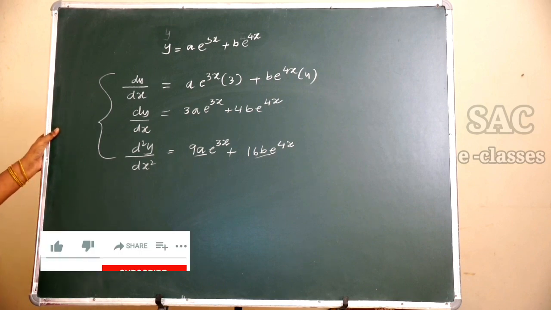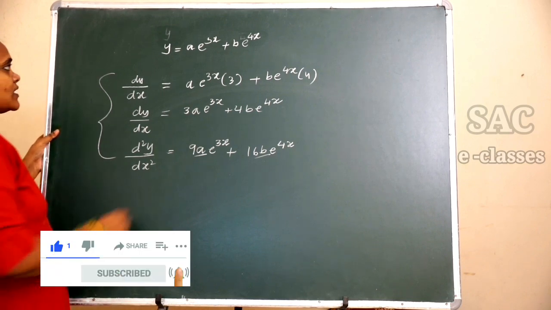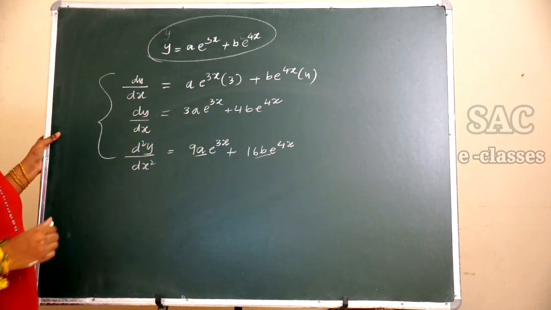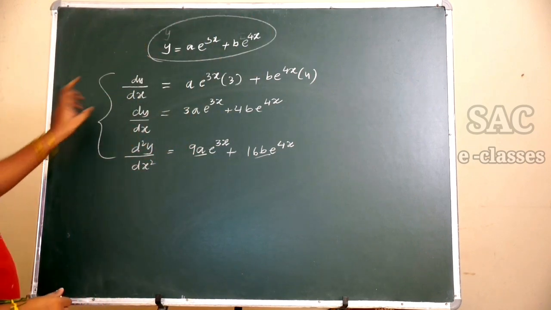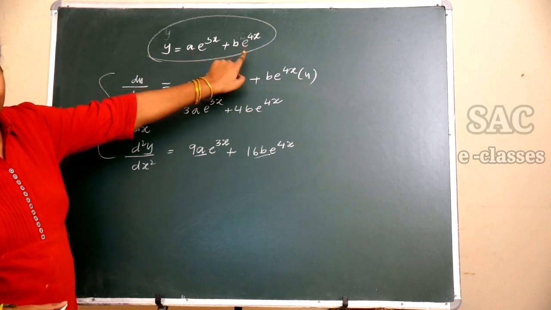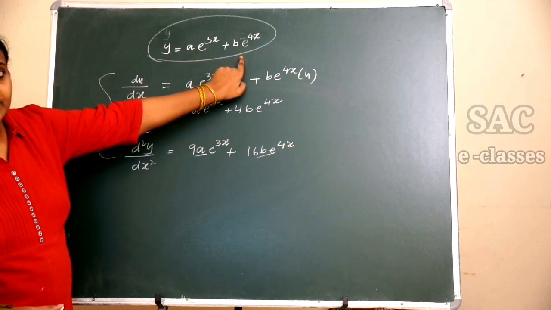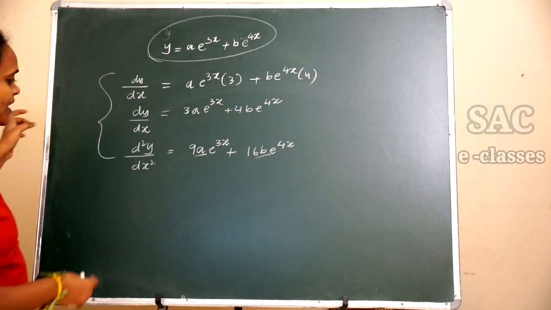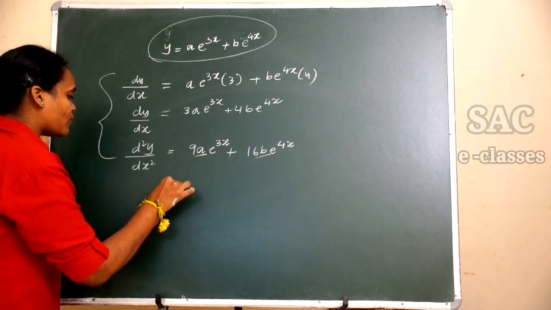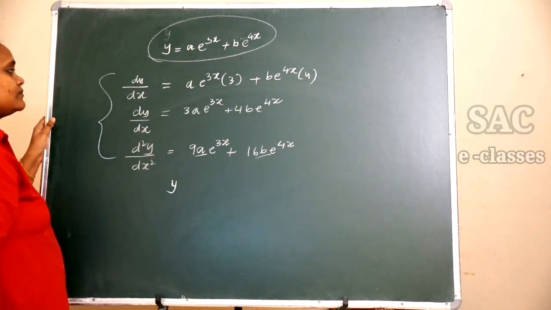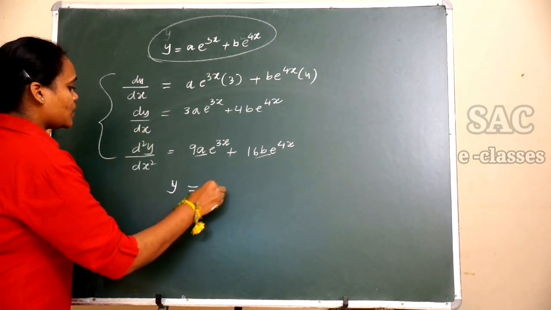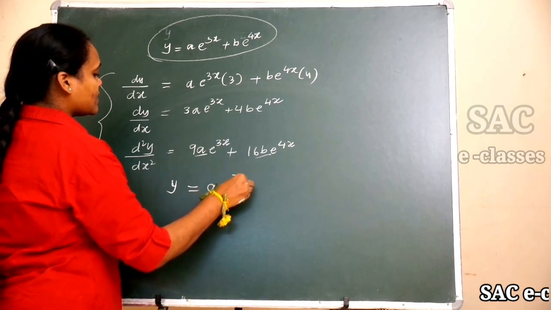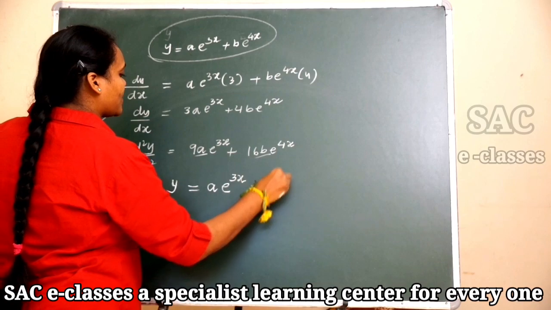In what way can we find the solution of a problem like this, whenever we want to eliminate arbitrary constants like a and b, especially when they are mixed with e power something? Simply, first of all observe what the given one is: y equal to a into e power 3x plus b into e power 4x.